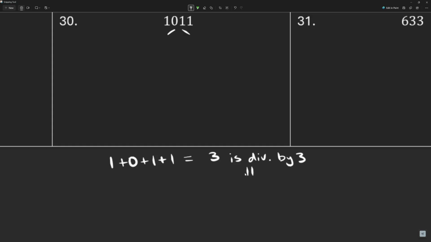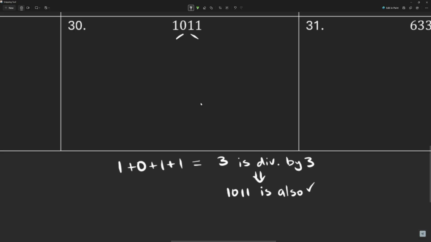Therefore, we can conclude that 1011 is also. There's a really interesting proof of that, but it's pretty advanced. You need to know something called modular arithmetic in order to get that proof. So maybe someday, if we ever touch on some number theory for fun.